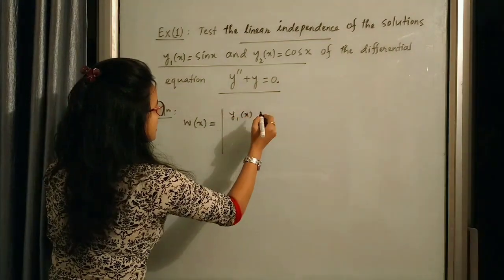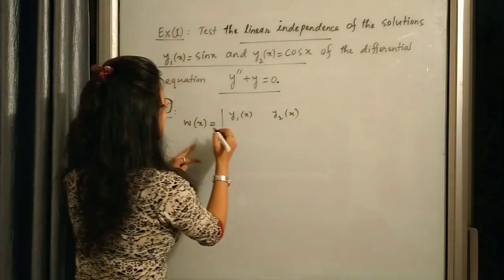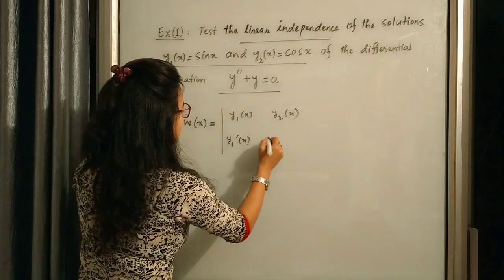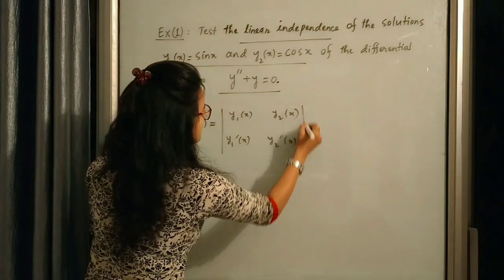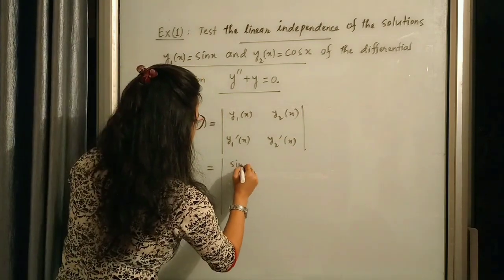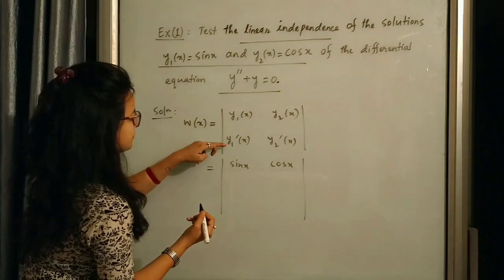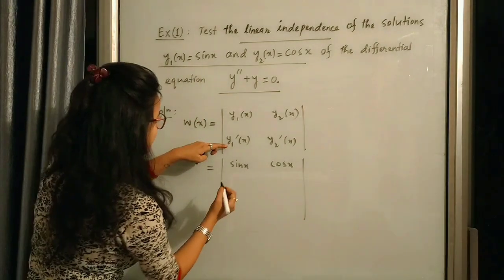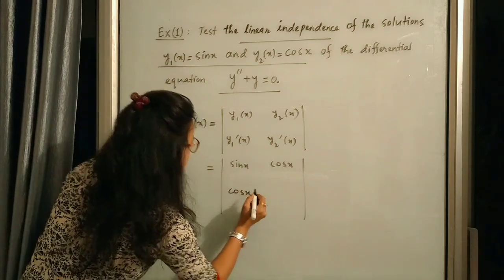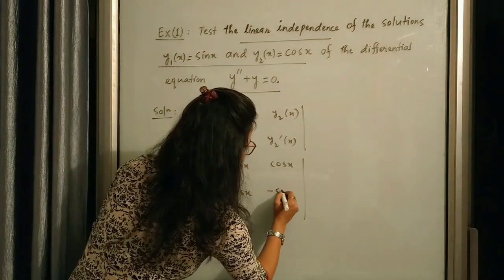As per the definition of the Wronskian for two solutions, we have the determinant of y1(x), y2(x), y1'(x), y2'(x). So y1(x) is sin x, y2(x) is cos x, y1'(x) is cos x, and y2'(x) is minus sin x.